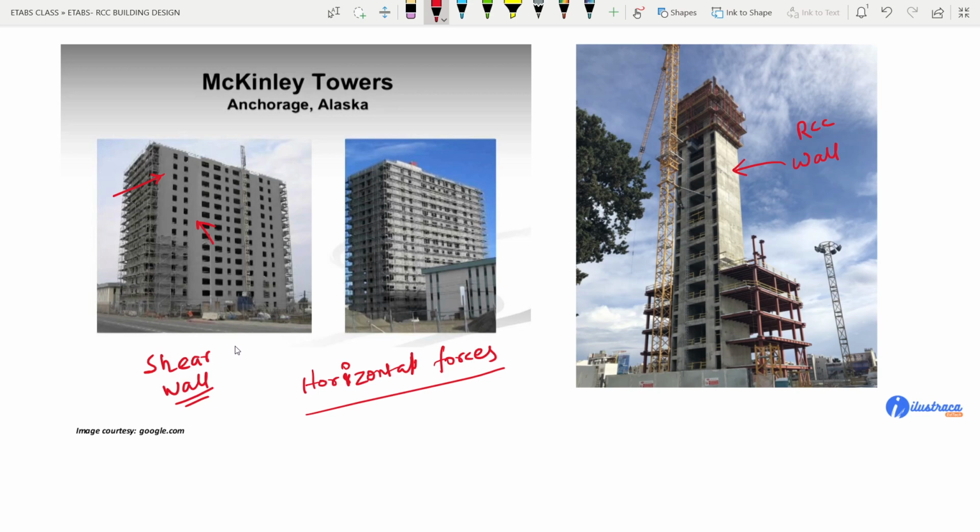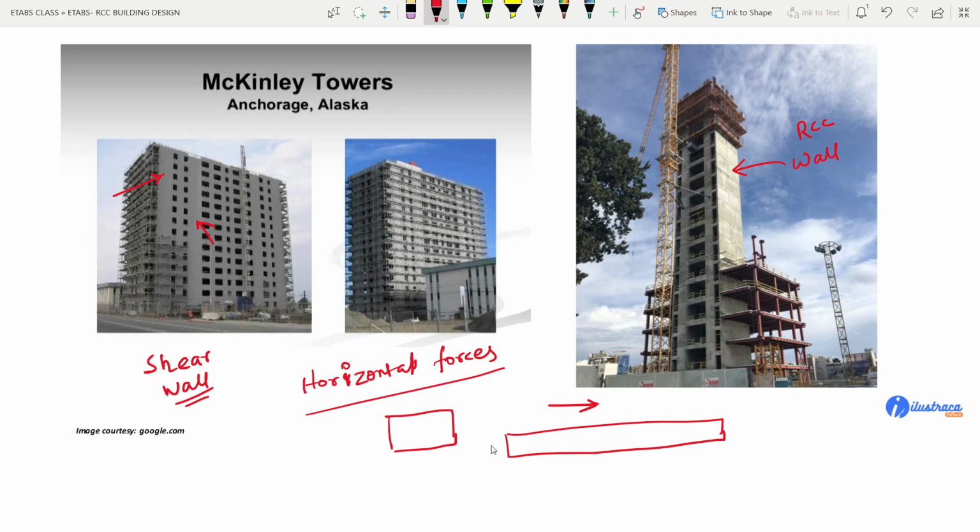Now shear walls can be made of steel plates also in the case of steel structures, but as our course is about RCC buildings, I'm explaining it in building-like structures. You may see this kind of element. It is a kind of column only. Suppose you have a column like this, and these kinds of walls will be provided like this, where in one direction the length will be higher.